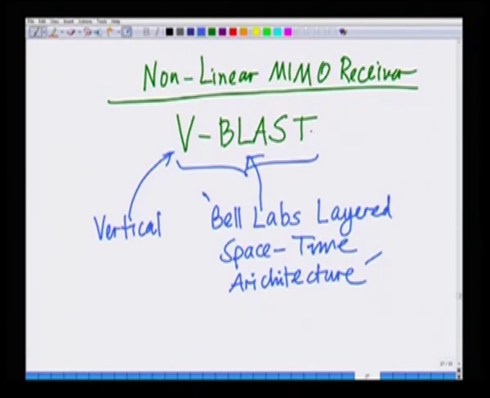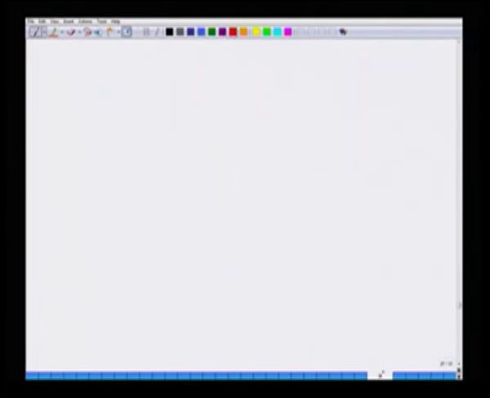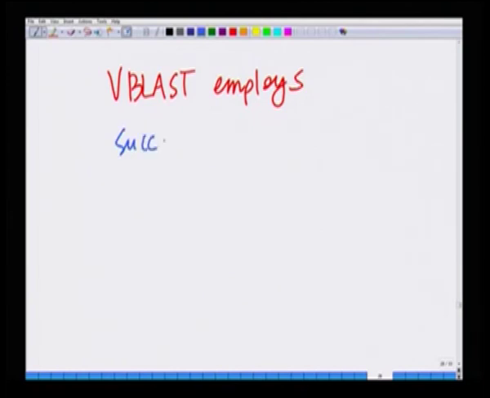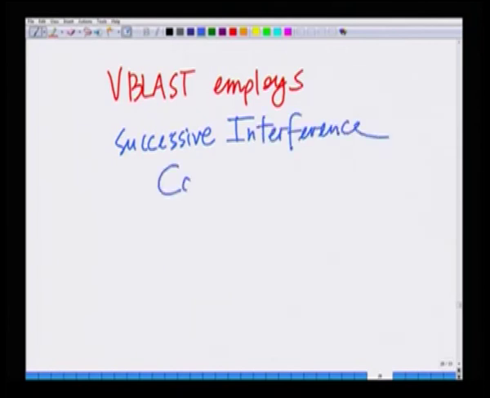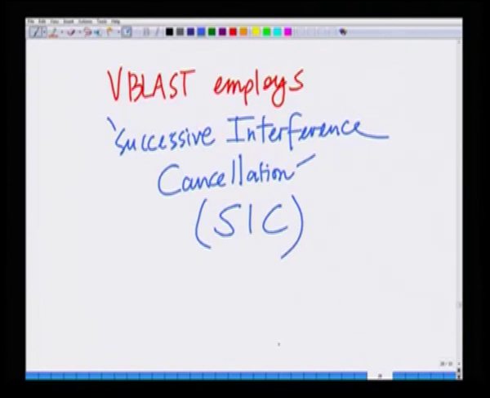In fact, it employs successive interference cancellation. V-BLAST in general employs successive interference cancellation, which is abbreviated as SIC, and the impact of each estimated symbol is cancelled from the received symbol vector.